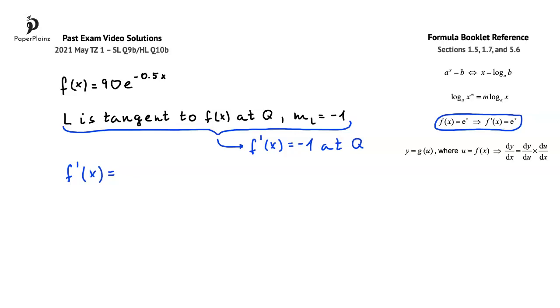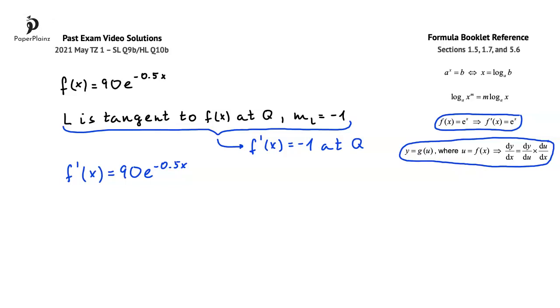So for the derivative of f(x), we get 90 times e to the power of -0.5x. However, since in the power of e we have -0.5x, we'll also use the chain rule from the same section of the formula booklet, because f(x) is a composite function, where our inside function is -0.5x.